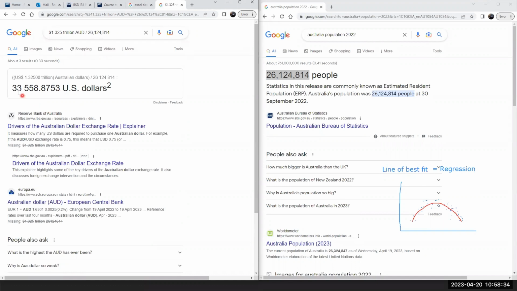Okay, so the GDP per capita is 33,558 US dollars per person, basically, is what that's saying.